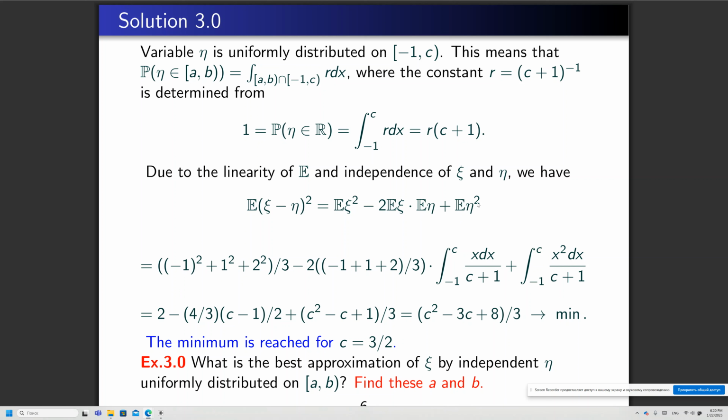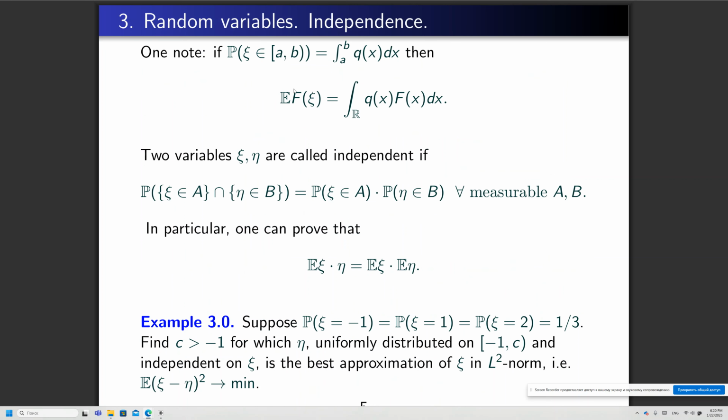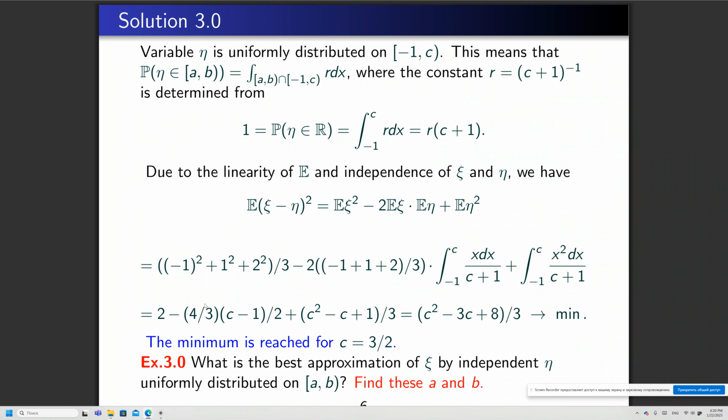For the expectation of eta squared, we need to substitute x squared, because this is eta squared, and we use this formula where f in this case is power 2. So we have this formula. Computing both integrals, it is easy to see that the first integral is just c minus 1 divided by 2. The second one is this one. We obtain this quadratic function.